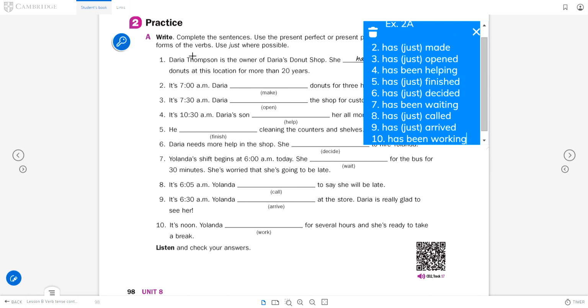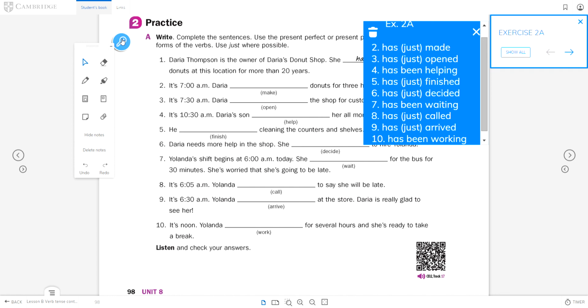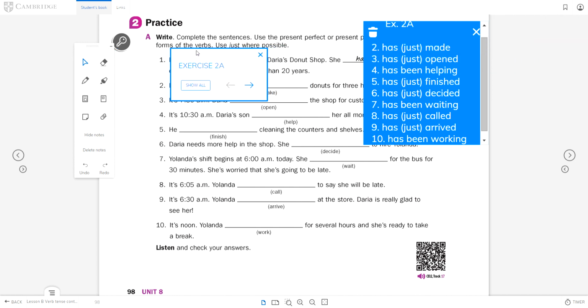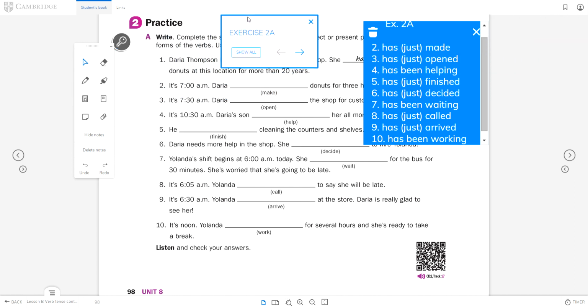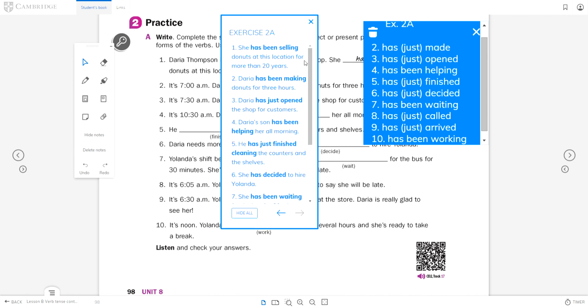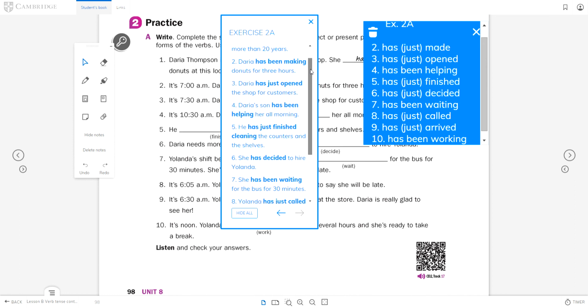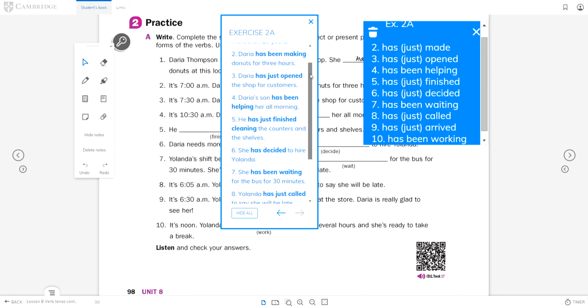Okay, we have the correction here. Number 2. Here it's present perfect continuous.